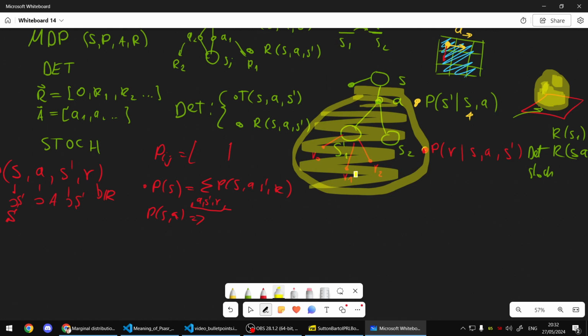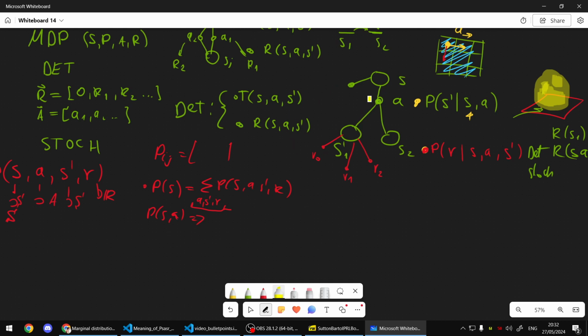I guess it's easier to think if these rewards and such are not probabilities but actual events, then it makes more sense that we are summing all the events that at some point started from S, and then someone took connection A and such and such. But still, the idea of marginalization here is important.